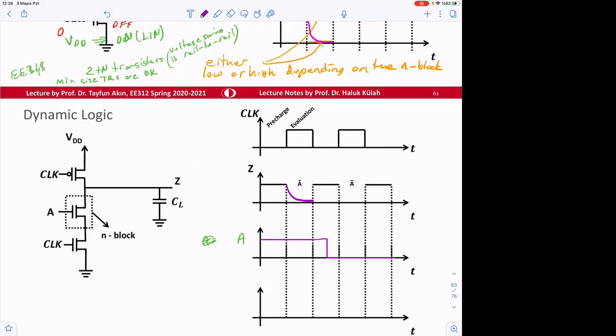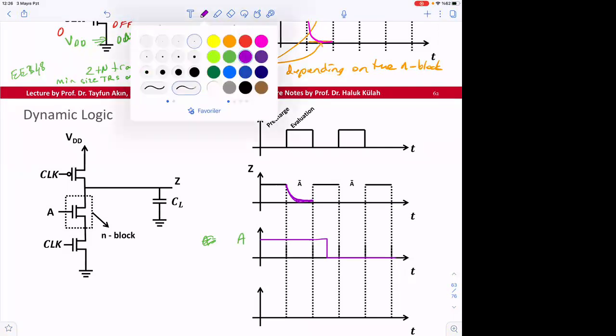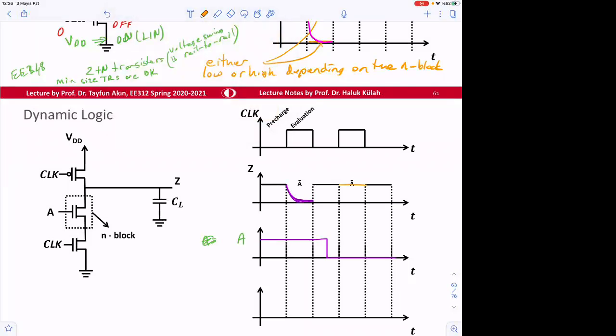So this will be our output. Otherwise, if this is 0, this will remain at high. So Z is A bar. Okay, here we need 3 transistors, 2 plus 1 transistor. But that's what happens here.